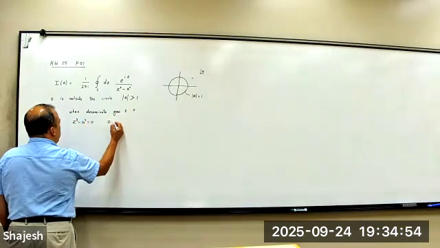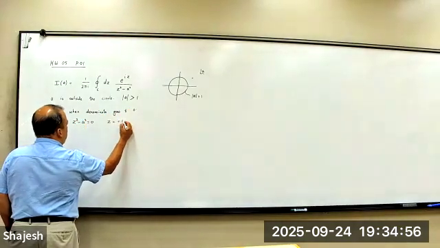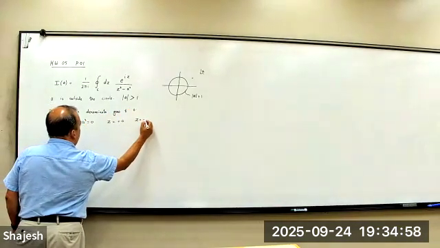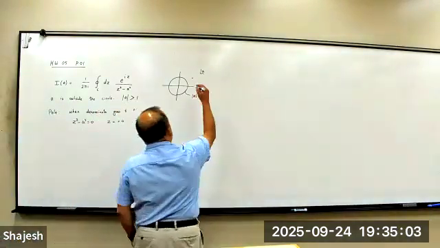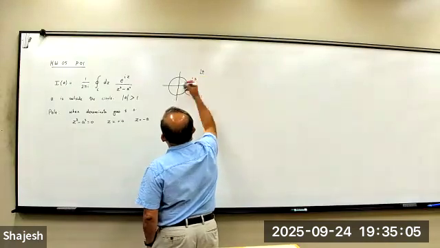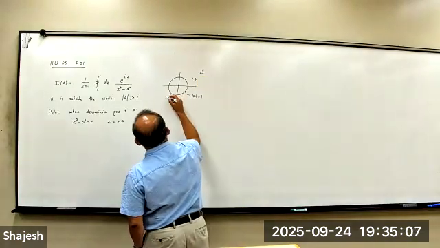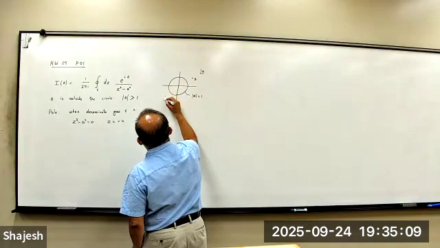There are 2 solutions: z equals plus a and z equals minus a. If this is a, minus a will be diametrically opposite.